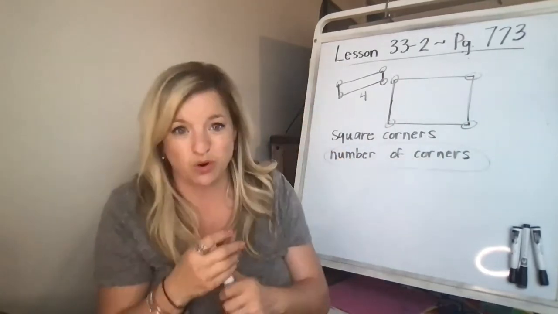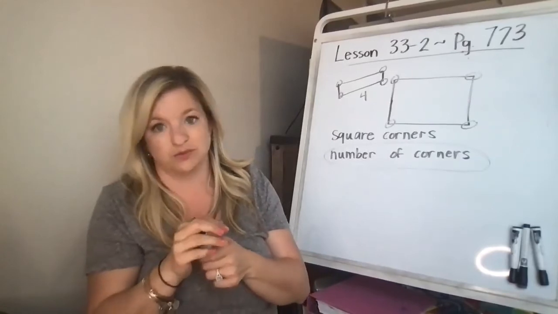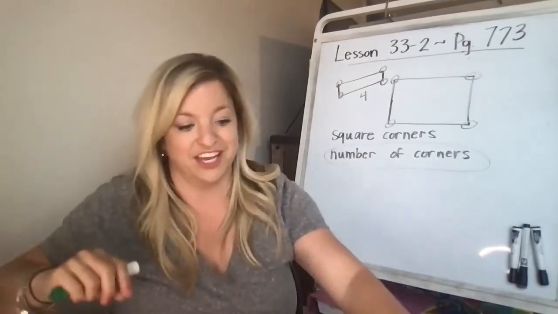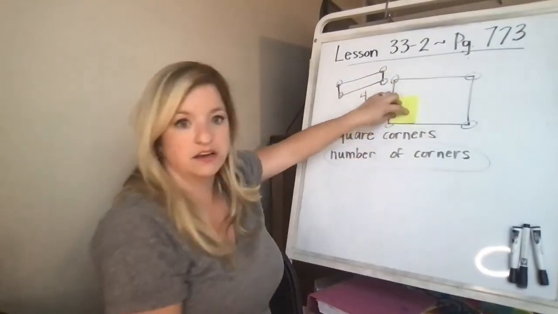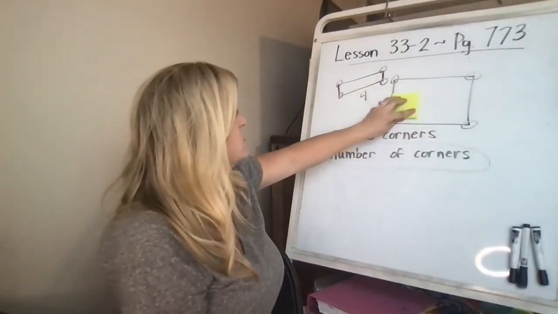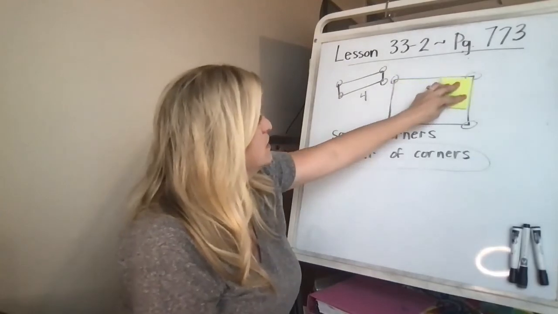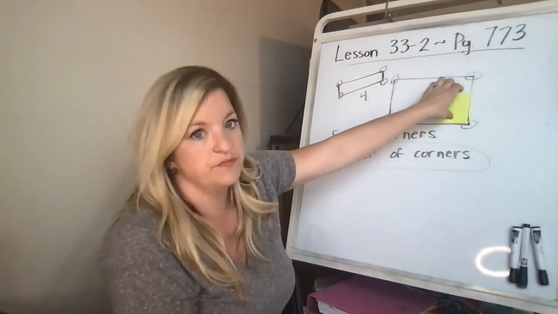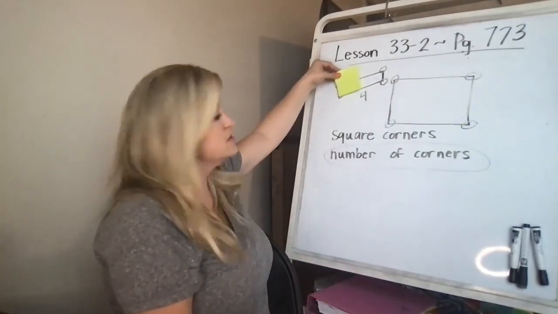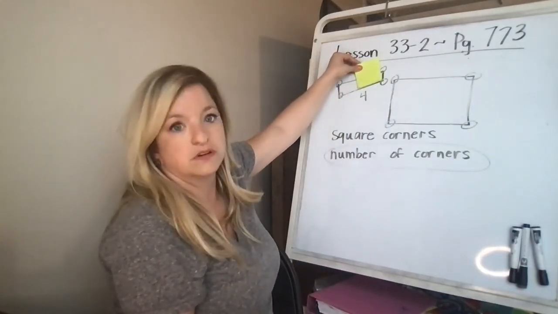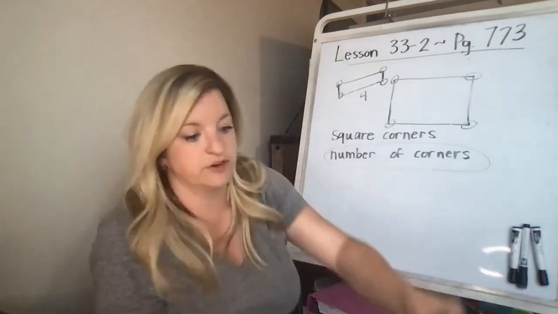Let's see if square corners is also correct though, okay? So again, if I can take this and put it in here, do you see that? It's perfect. Square corner, square corner. So this one has a square corner. This one, look at that, friends, also has a square corner on all of them?